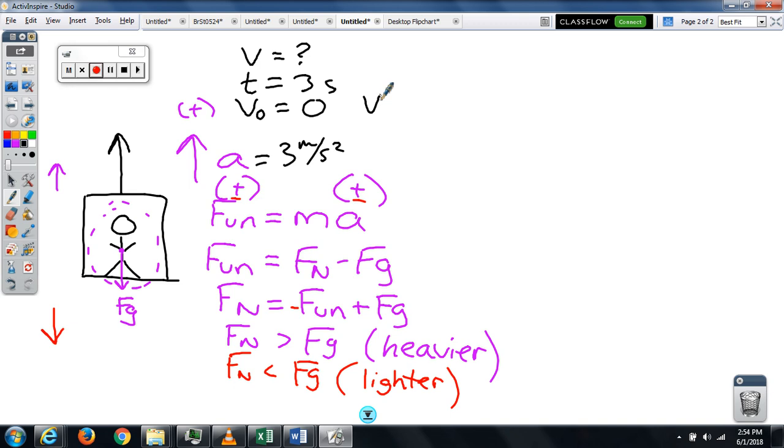So that would be v final equals at plus v initial. And so 3 times 3 is 9, plus 0 is just 9 meters per second. So that's how fast you'll go.